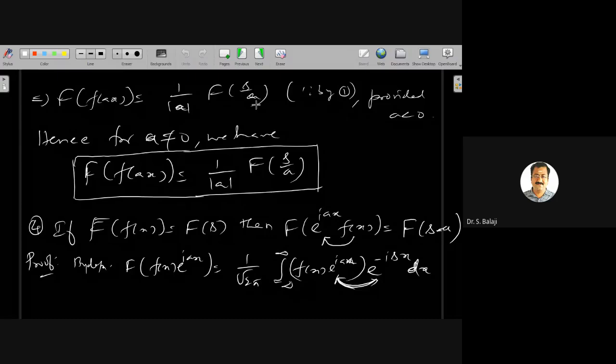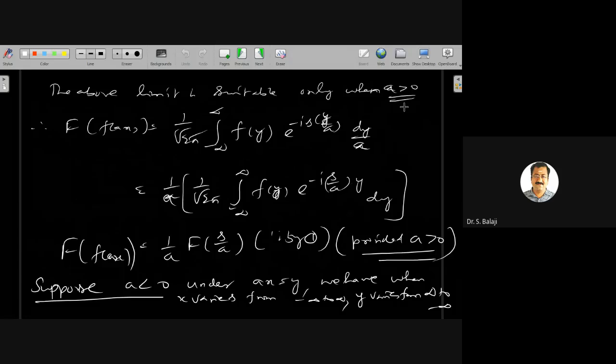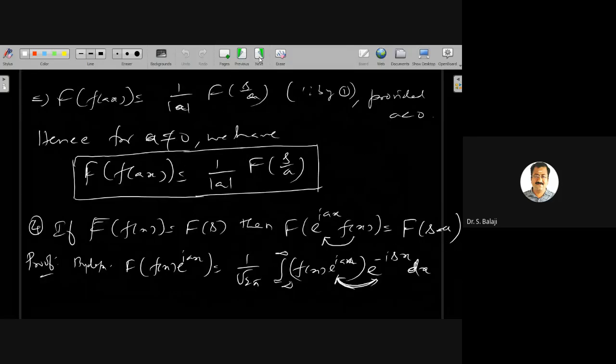Also for a greater than 0, outside is positive a only. So positive a outside for both a less than 0 or greater than 0. Therefore, generally you can consider it for a not equal to 0.